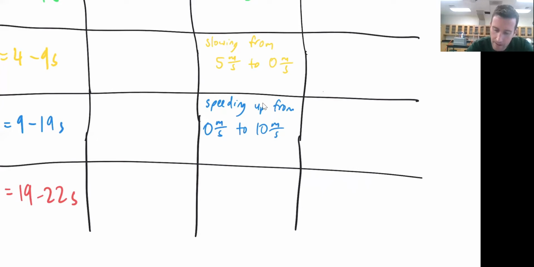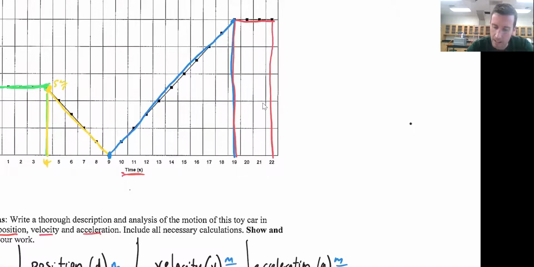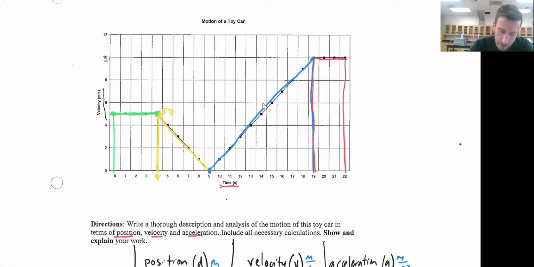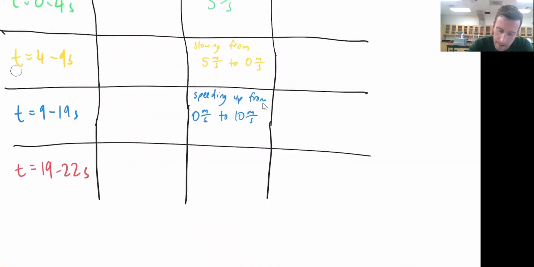And then finally, the last section is the red section from 19 to 22 seconds. And I notice that it is staying the same. Here it's 10, 10, 10, 10. So the velocity during that time period would be 10 meters per second.